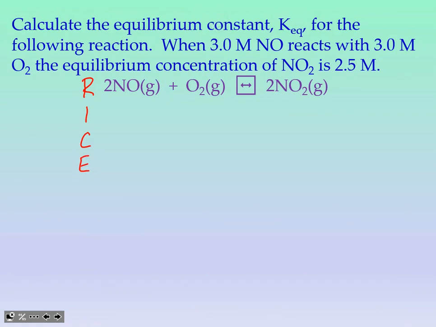Going to insert my stuff here. I have 3 molar to begin with of this one. I have 3 molar of my oxygen. And I have nothing to start with here of my nitrogen dioxide. However, I do have an equilibrium concentration that goes there.